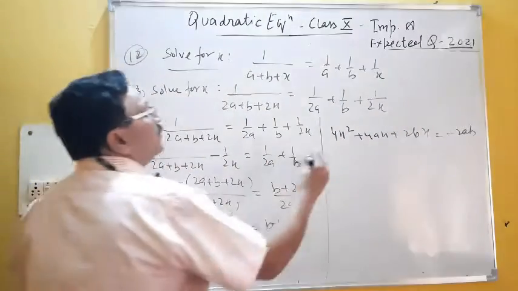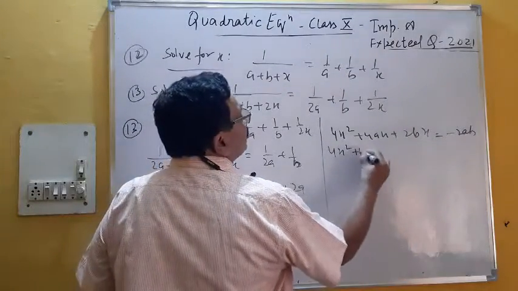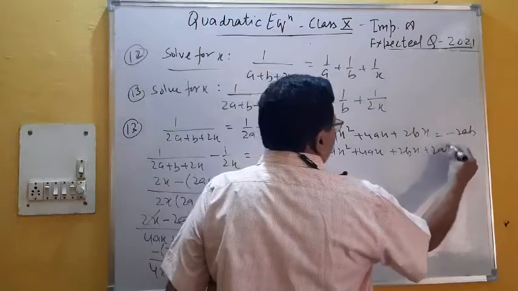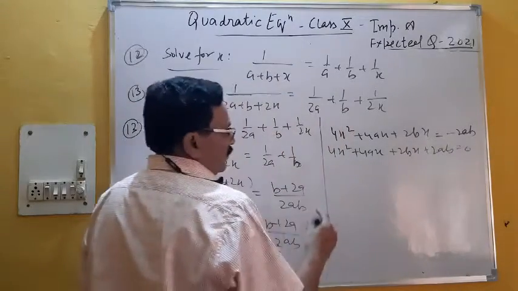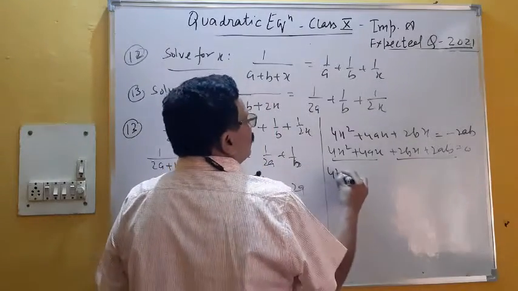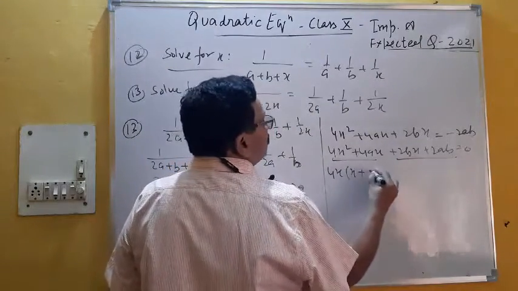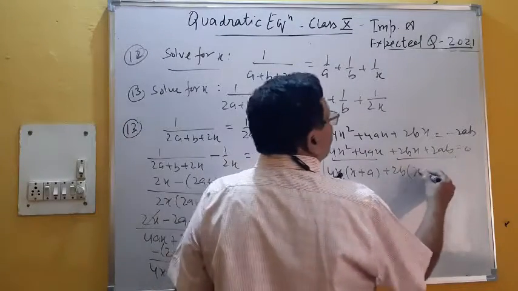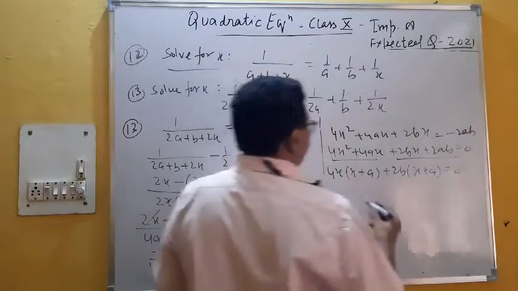Transfer 2ab this side: 4x square plus 4ax plus 2bx plus 2ab equal to 0. Here you can see, you can solve this by taking common. 4x common, x plus a. Here 2b common, x plus a equal to 0.